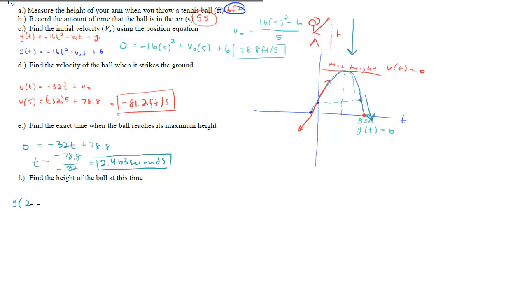And so then we just say y of 2.463 is negative 16 phi squared plus 78.8 phi plus 6, and you get, hold on just a minute, 103.023 feet.